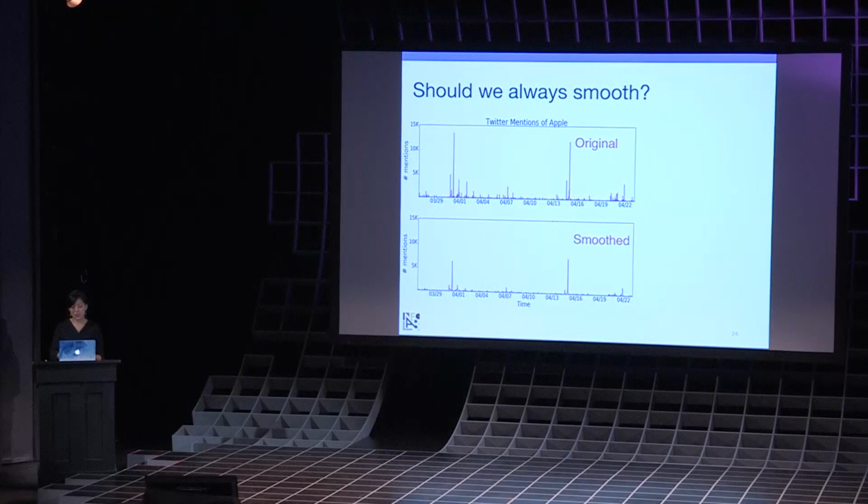So here is an example time series that shows the Twitter mentions of Apple. If you compare the original and the smoothed time series, the only difference you see is that smoothing is decreasing the spikes in the original graph. So what's different between this plot and the CPU usage plot that I showed earlier?